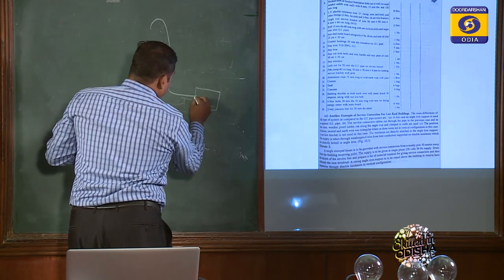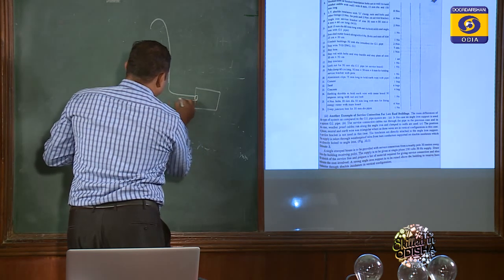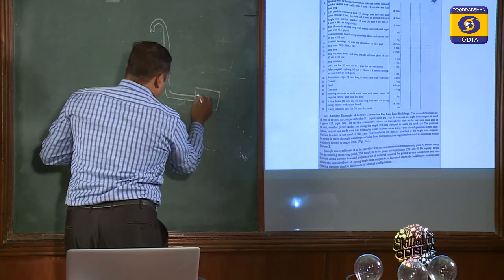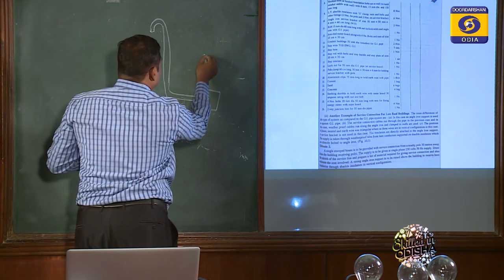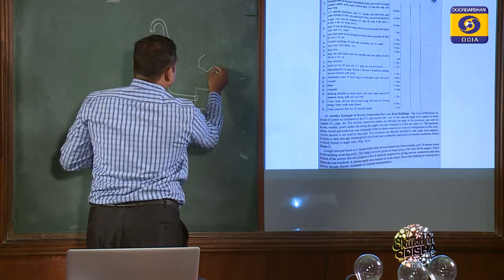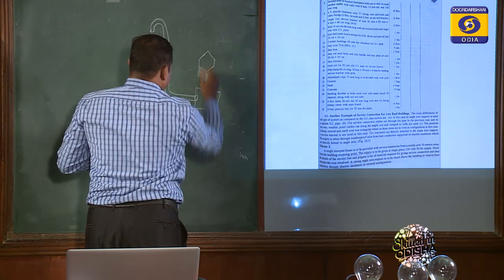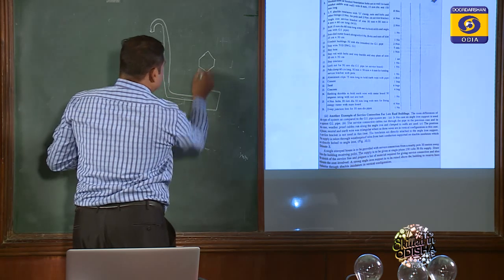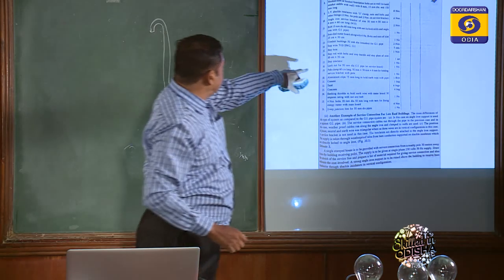Here we need a lock knot for these GI pipes, a hexagonal lock knot, and here the conductors come out. So we have mentioned a lock knot here.